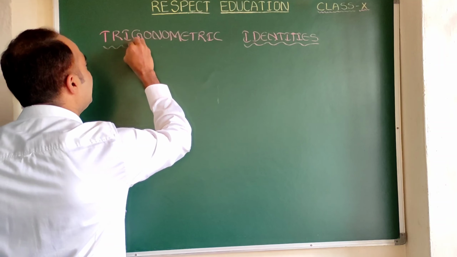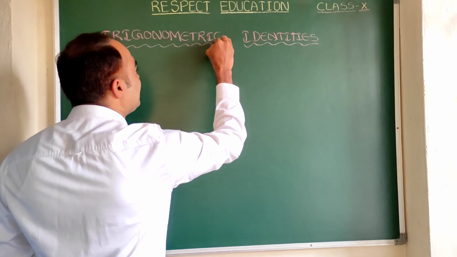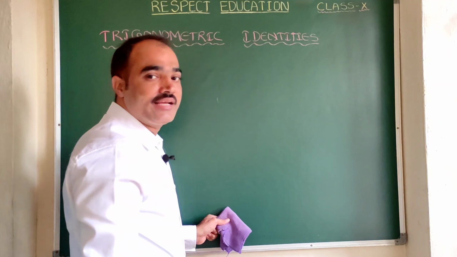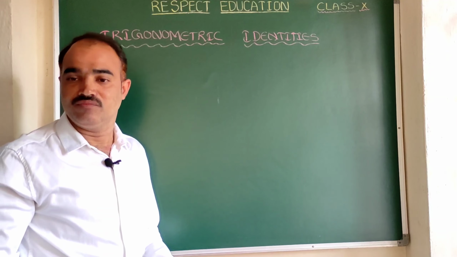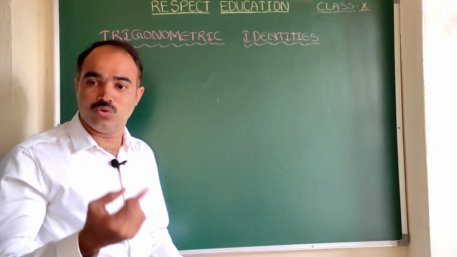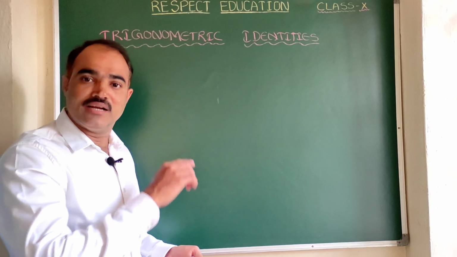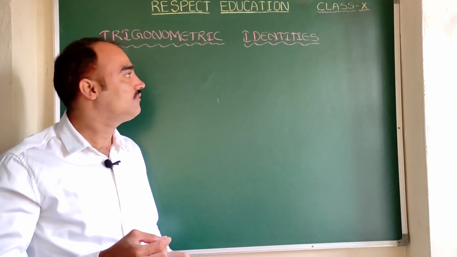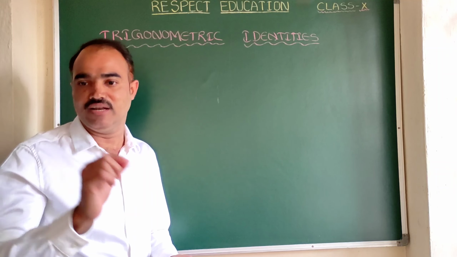An identity which has trigonometric ratios in it is called a trigonometric identity. That is also true for all the values of the trigonometric ratios of the given angle.